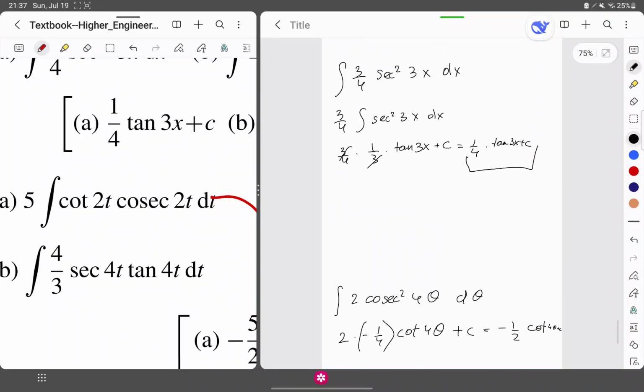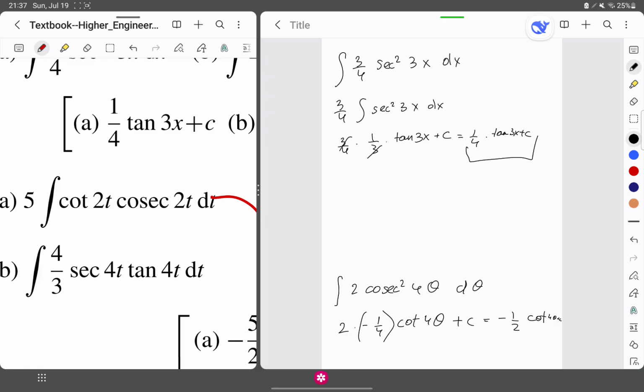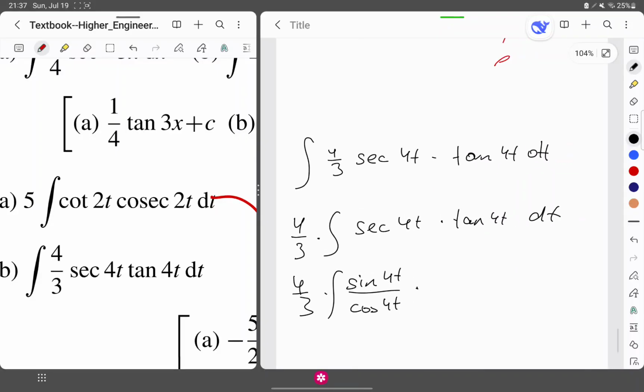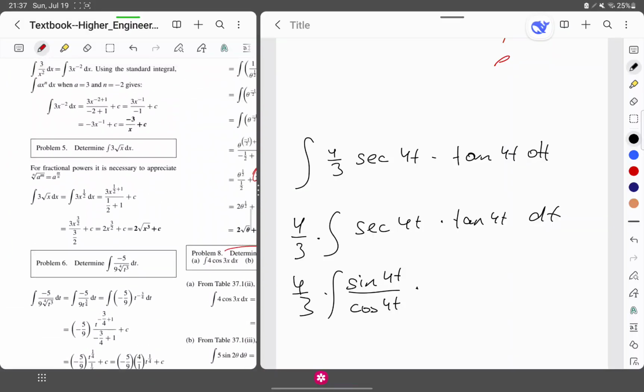I cannot think right now. Let's think about it simply. Let's check this table.